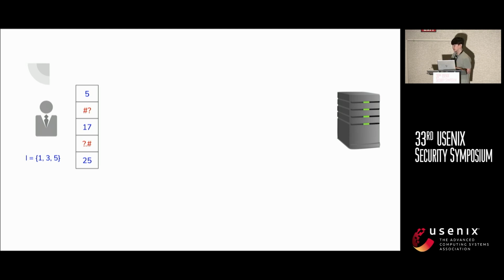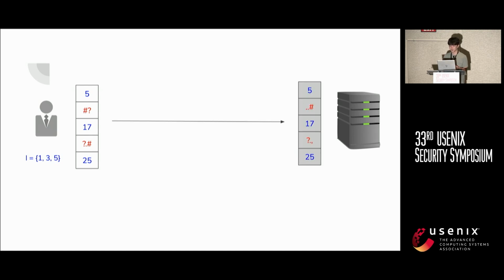And we recall the problem setup again. The client holds a vector of length n plaintext with some relevant entries and some irrelevant entries. And the goal is to send this to the server obliviously. But in this case, we do not care about what the irrelevant entries end up being at this point.